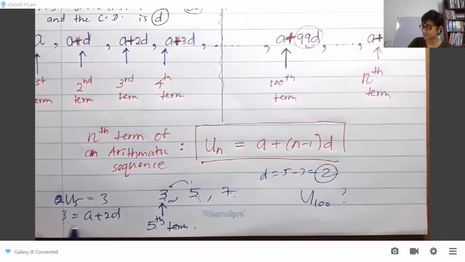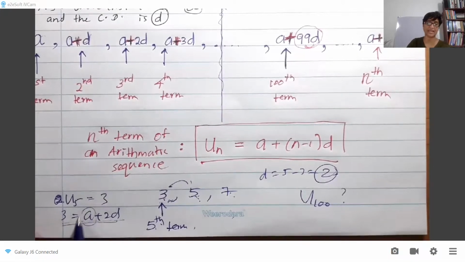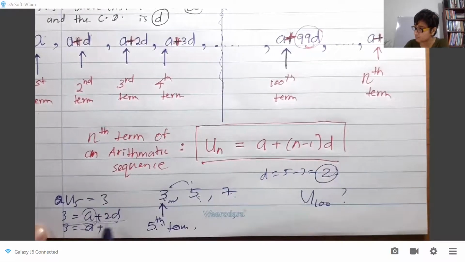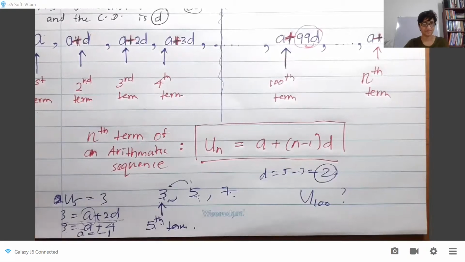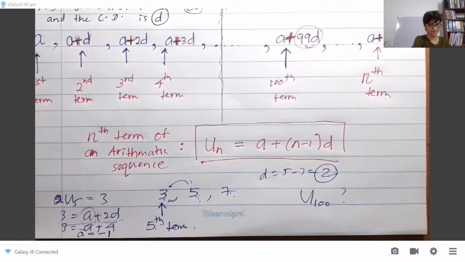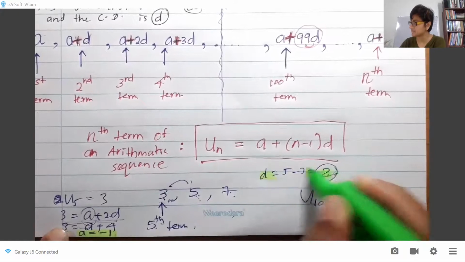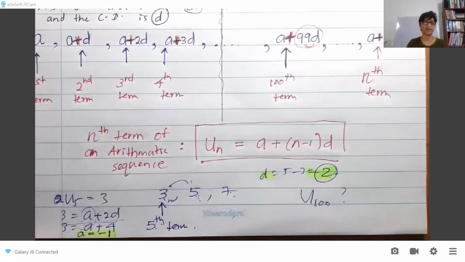And then you have to figure out A. So 3 is A plus 4D. D is 2, 4 times 2 is 8. A is 3 minus 8, which is minus 5. Here's A, here's D. Then you can find U100.